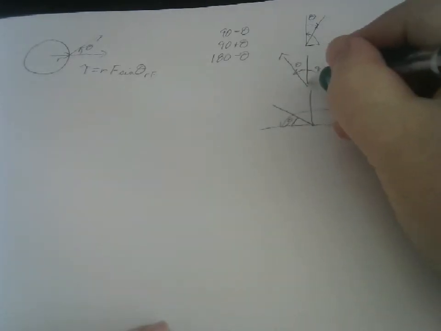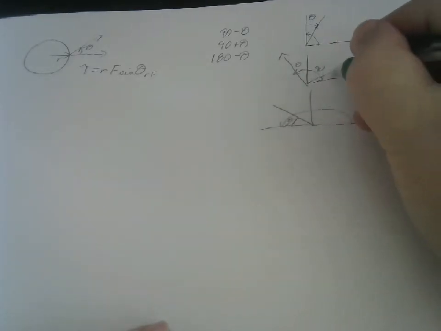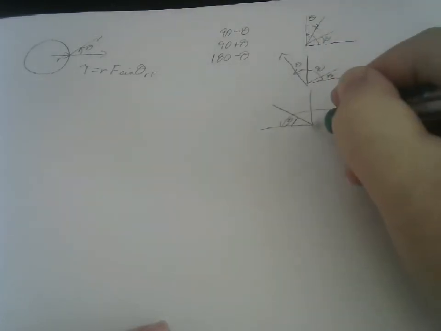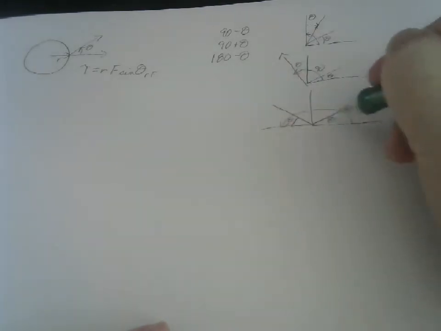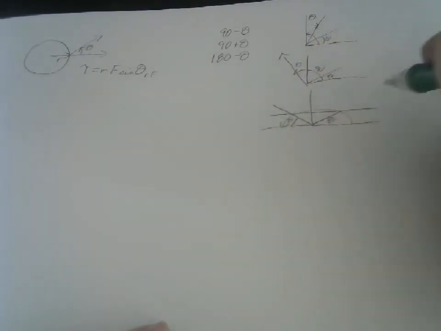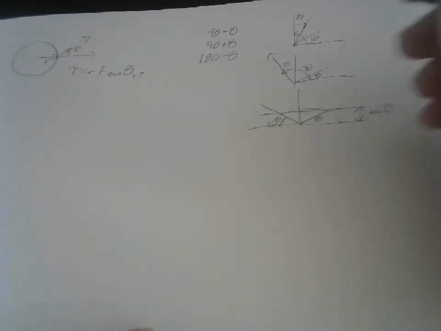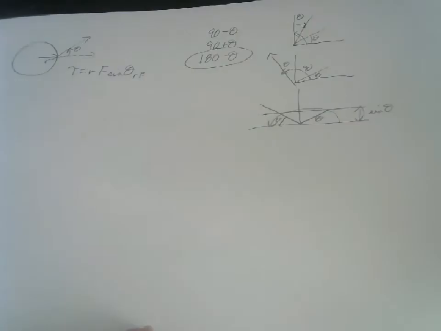Now, which of these compares well to theta? This one has symmetry so that the sine is the same. Sine theta is that part. So the answer is 180 minus theta.